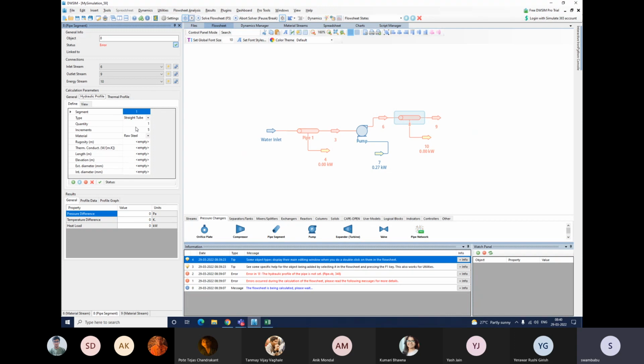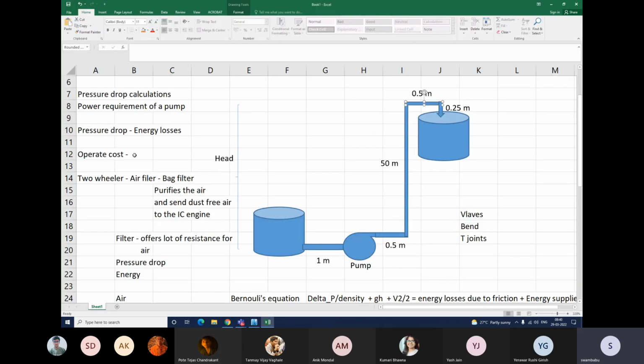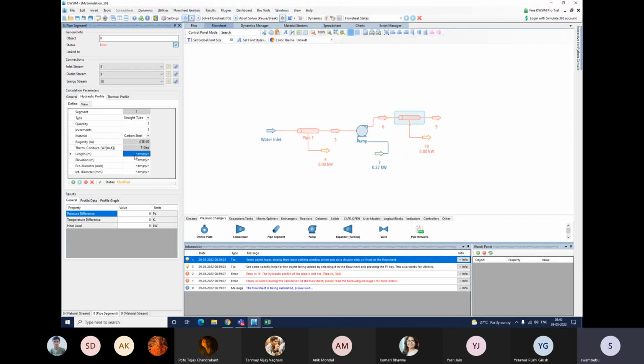So we have a straight pipe with quantity 1, we'll select carbon steel, then the length is 0.5 meters, elevation is 0, and again we select a 2-inch pipe with schedule number 40.